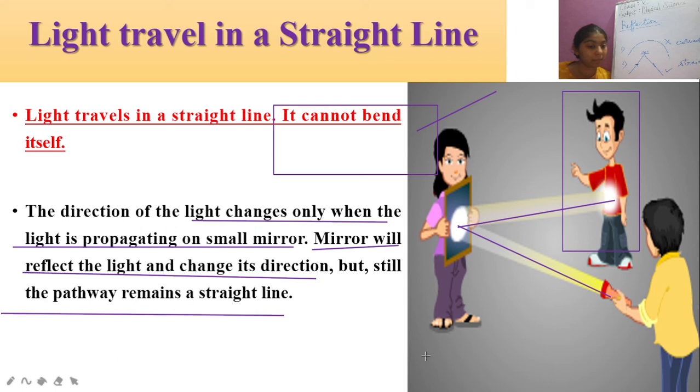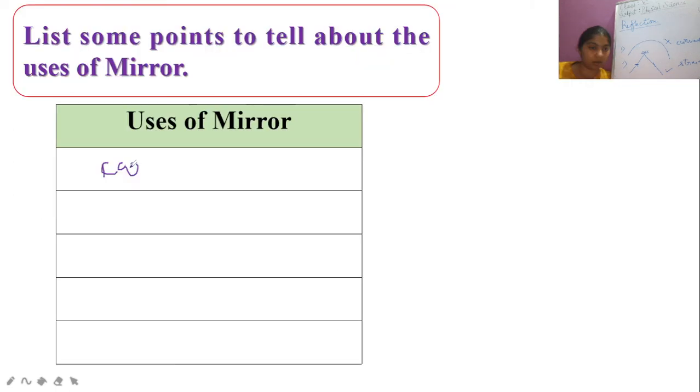So you have to list some points. Tell me about the uses of mirror. So where do you use a mirror? We use it in the car, right? For the car, it is used as the side mirror, side view, okay? And when we go to our barber shop, there we find a mirror, right?